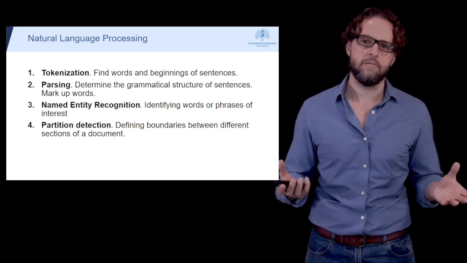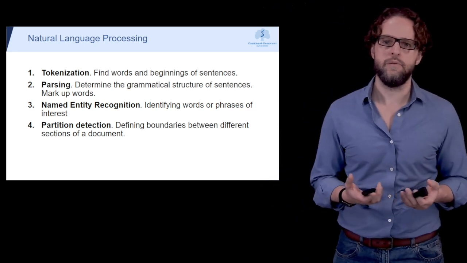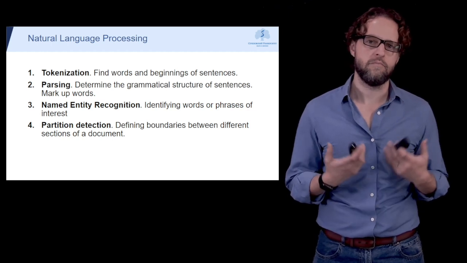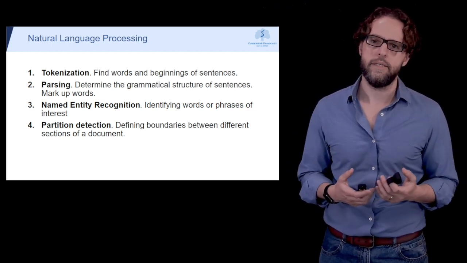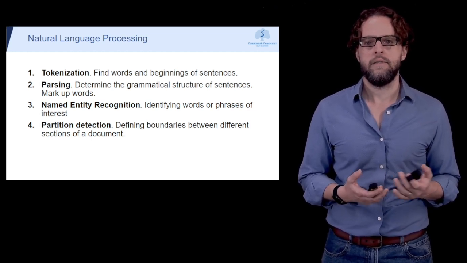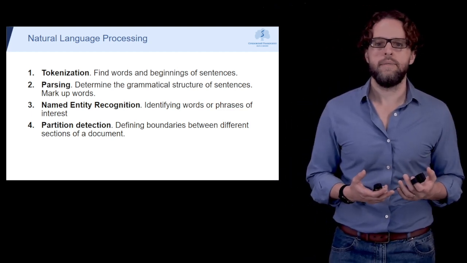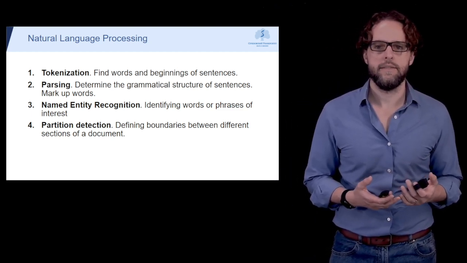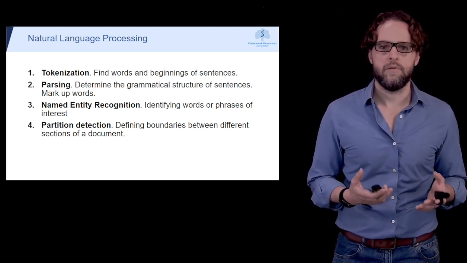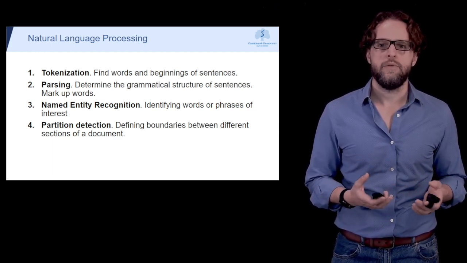So tokens and their order will be calculated, which our AI systems will be able to use for analysis. Next is content parsing, which involves the analysis that determines the grammatical structure of each sentence, and we are able to label each part of speech, such as noun or verb.